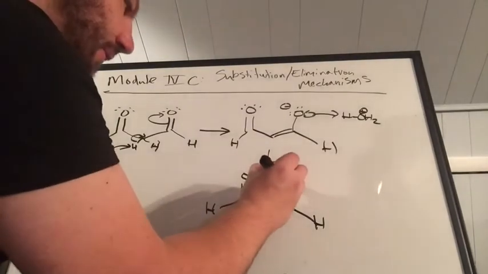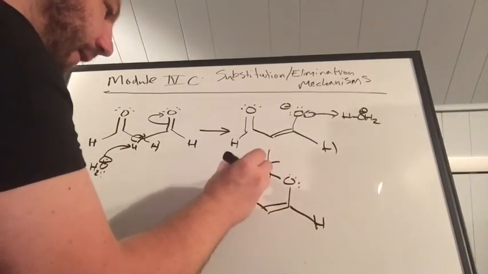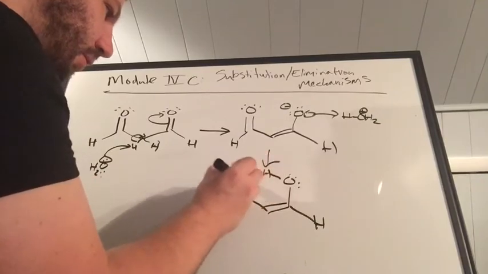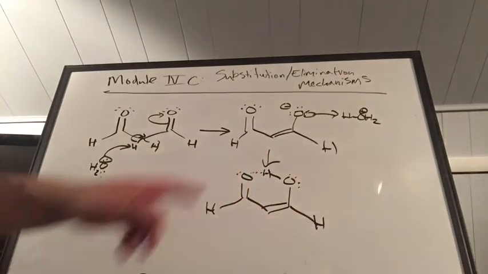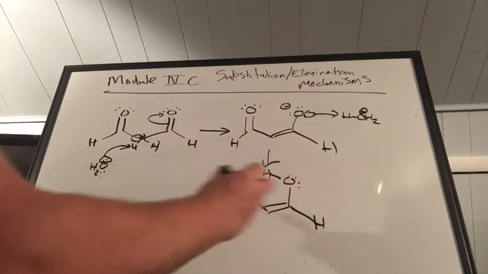With that said, you're going to form a pseudo six-membered ring, with one of those lone pairs of the C=O oxygen coordinating and holding that hydrogen in place.